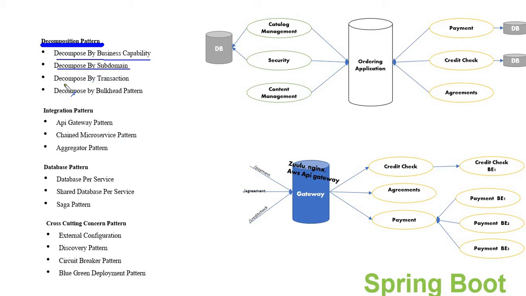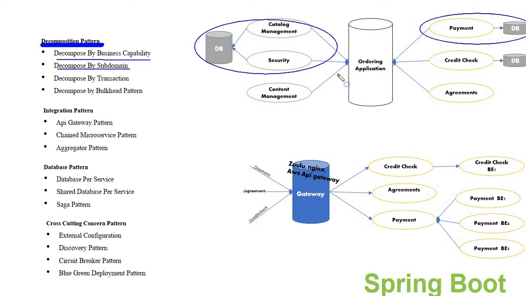The next one is based on the transaction. For example, we can have a transaction per microservice, or multiple microservices can share one database, with a transaction spanning multiple microservices.